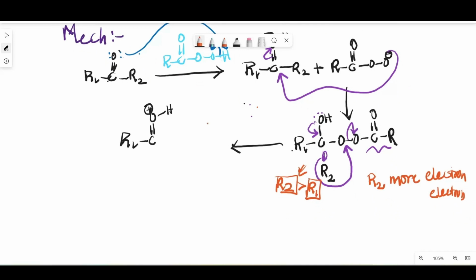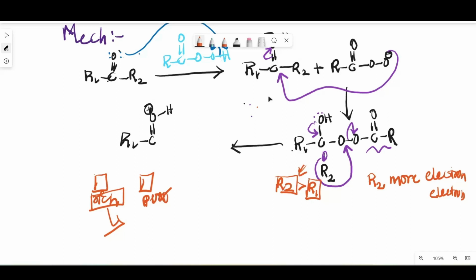I'll explain with one example. See here, let's say one rich person is there, one poor person is there. Who will be able to give money to others? Only the rich person can give money to others, no? So here also it is the same situation: R2 is more rich, so it is able to migrate and it is giving electrons to this oxygen.